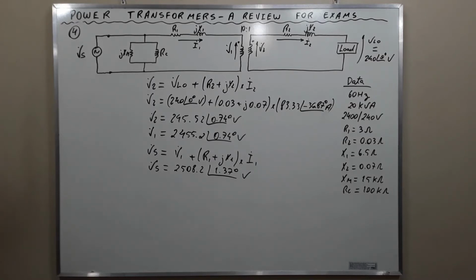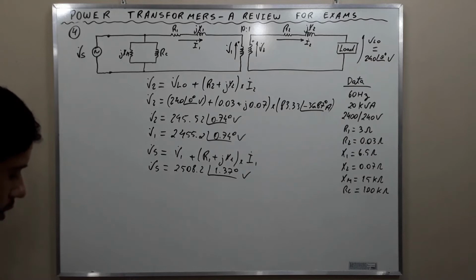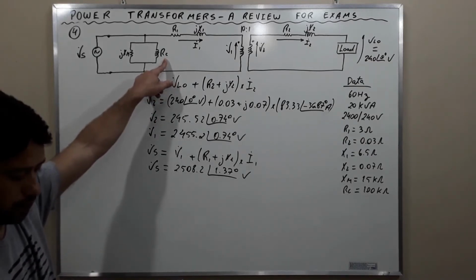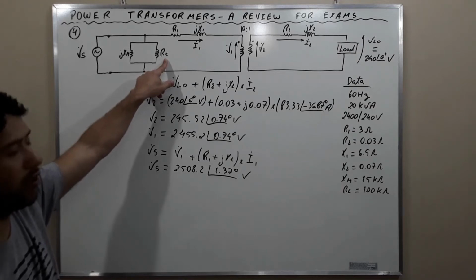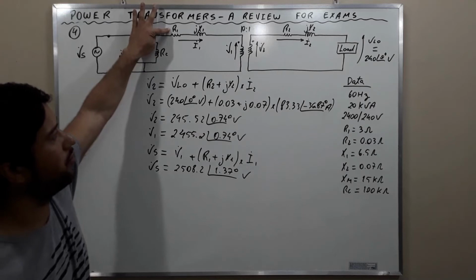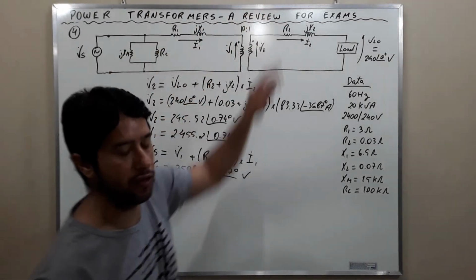Subsequently, we compute the losses. The power loss within the transformer can be found as where we lose power. We lose power here in this resistance, we lose power here in this resistance, and we lose power here in this resistance.